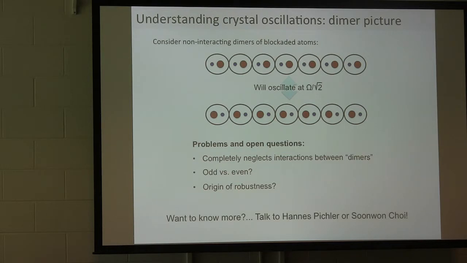A few days ago, Hannes Fischer and Sylvain Schwartz came up with a simple yet accurate theoretical model which predicts more accurately the experimentally measured frequency, which is closer to omega over 1.5. I encourage you to talk to them if you're curious to know about the models they have.